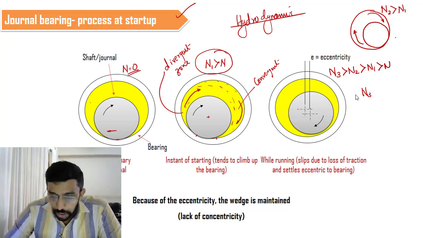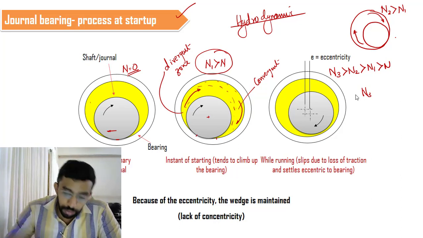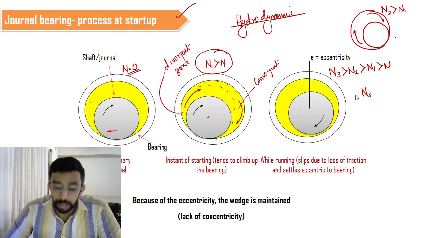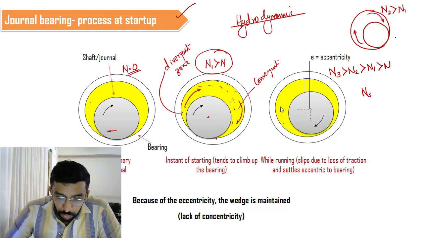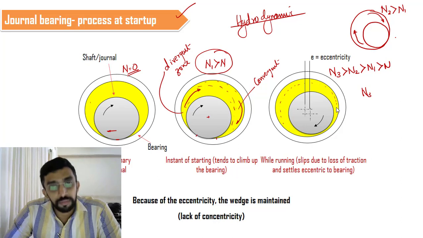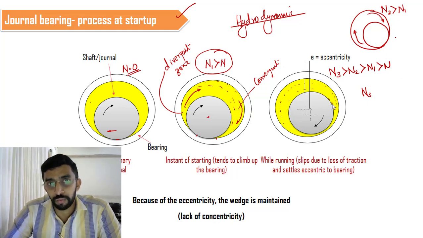What happens? As the speed increases, the amount of force imparted into the fluid film has also increased, right? And it becomes very difficult for the lubricant to travel from the divergent zone to the convergent zone and again come back to this position. That's very difficult because it has attained sufficient force.